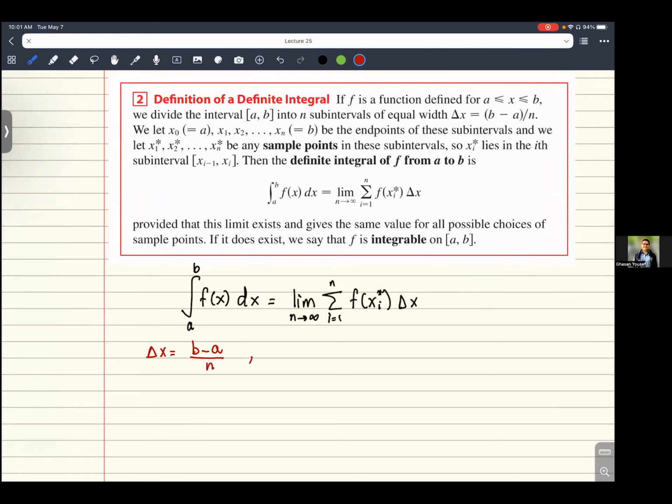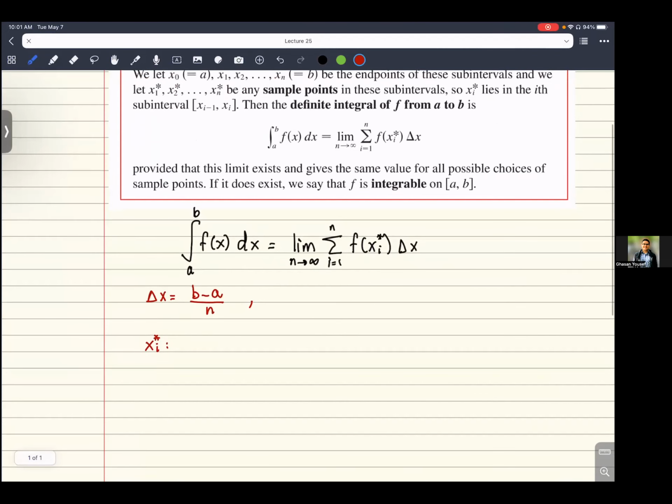And what is x_i star? As you learned before in 5.1, it's called the sample point. x_i star is a sample point, meaning a point inside the subinterval.